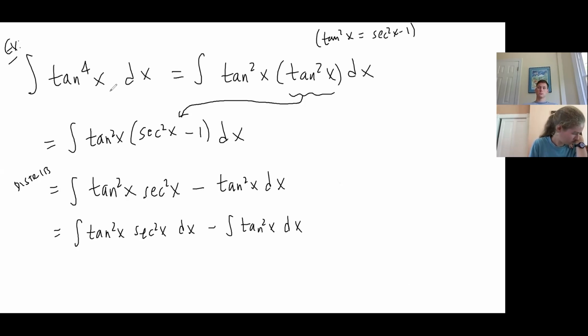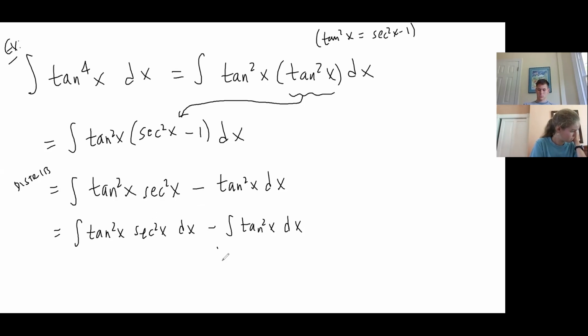And now I've taken my one problem and I've turned it into two. Yay! Now I have two problems to solve instead of just one. So we have to solve both of these, and they may not be done in the same way. In fact, they are not done in the same way. So I'm going to have to do one method on the first one, and one method on the second one, and then add them together.